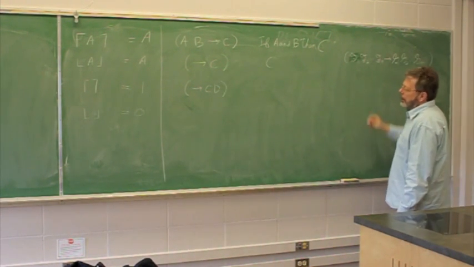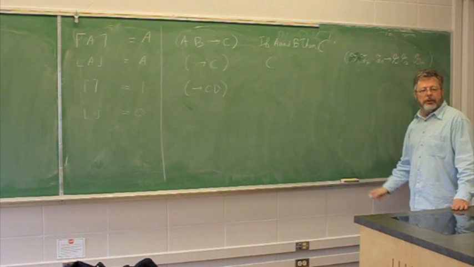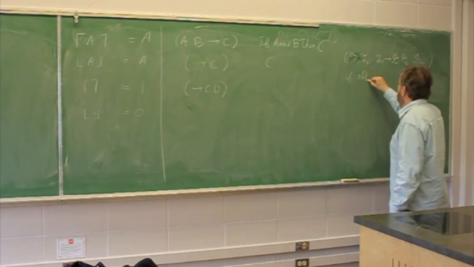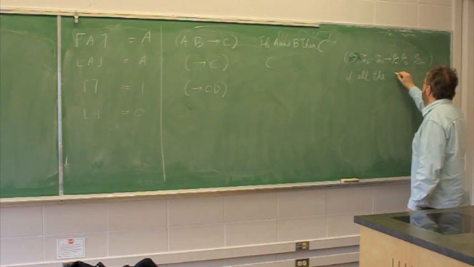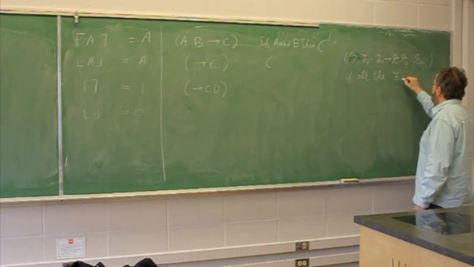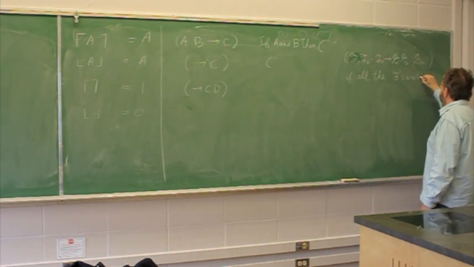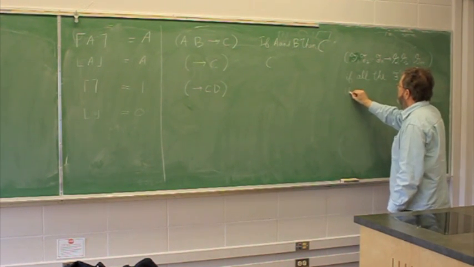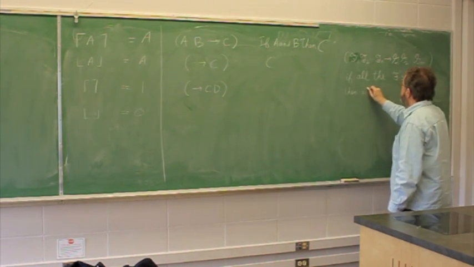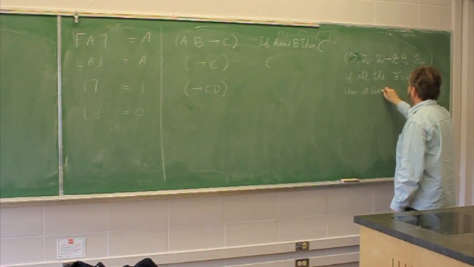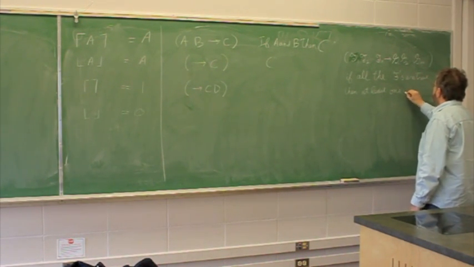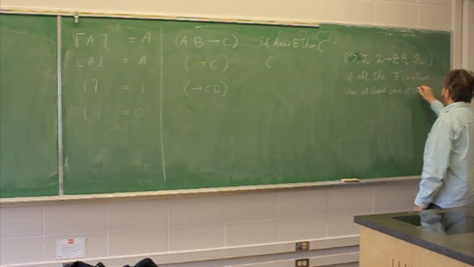So what this says, and I'm still cutting a few corners, is if all the F's are true, then at least one of the G's is true.